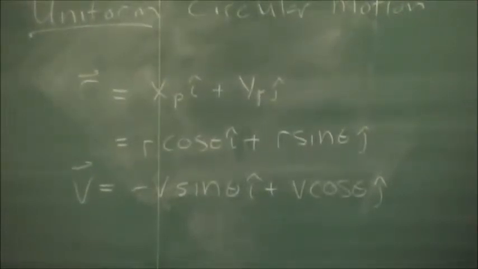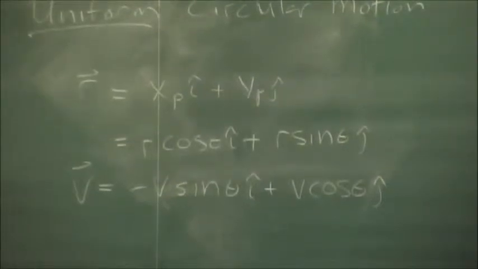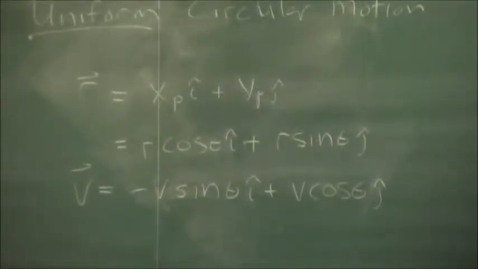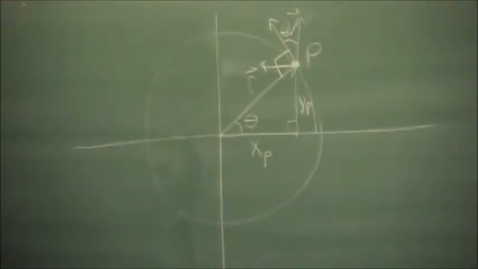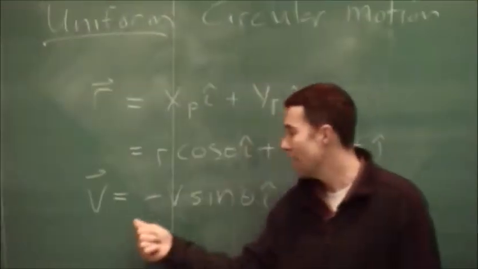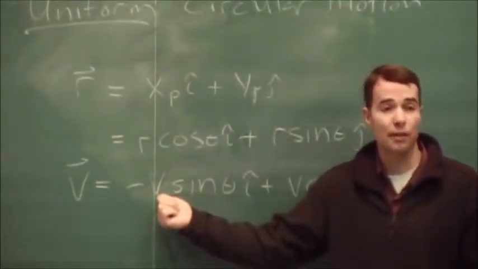All right. Now, we're going to use a little bit of trickery here. Not necessarily trickery, but I want to be able to take dv dt, the derivative of the velocity with respect to time. Now, is v changing or is it constant?